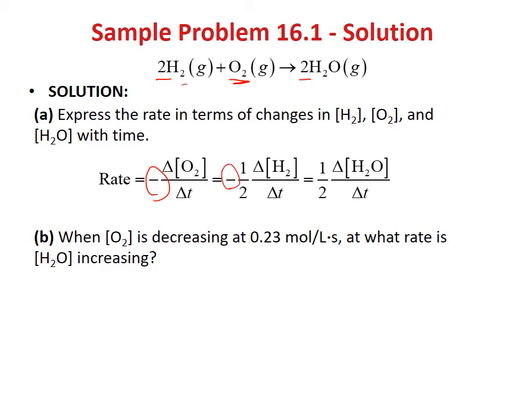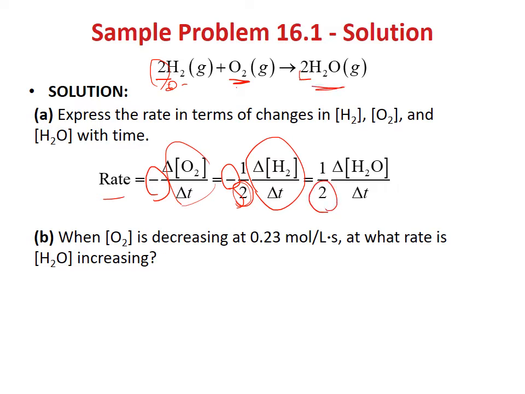Hydrogen also has a negative sign, but divided by the coefficient, because the hydrogen rate is twice oxygen. But if you divide by 2, then that becomes the same, called the rate of reaction. And for water, you also divide by 2.